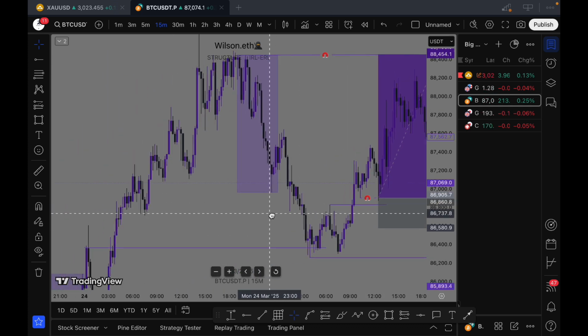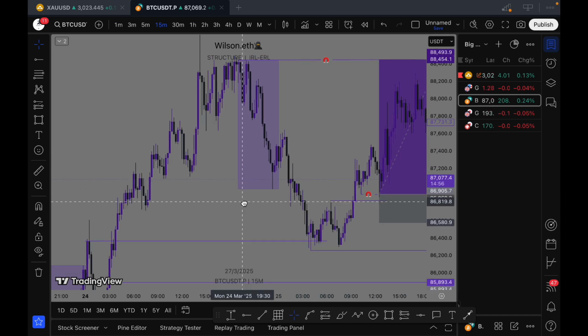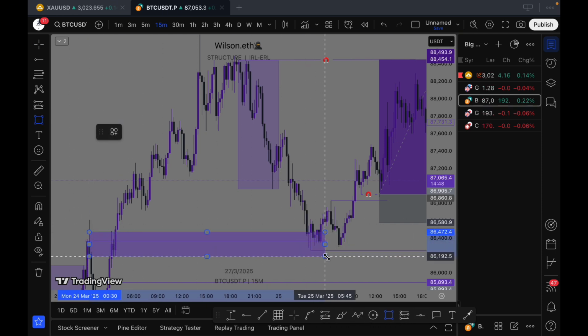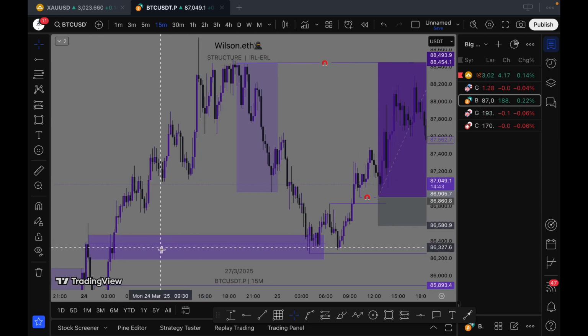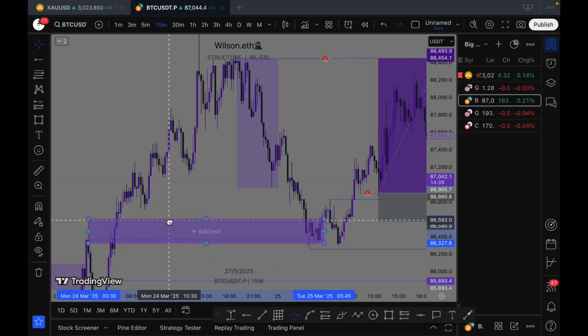First of all, my key level: I actually wanted to take this trade from this breaker block over here, and I would have used the wick over here.